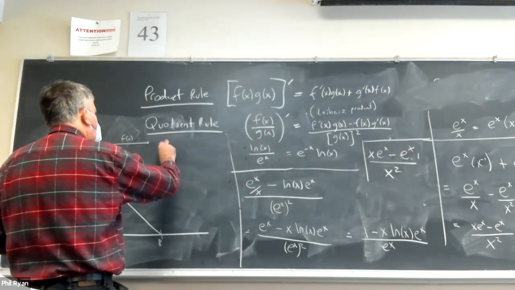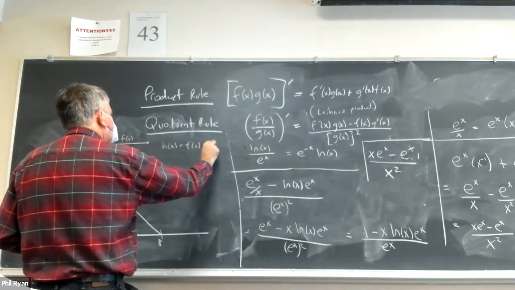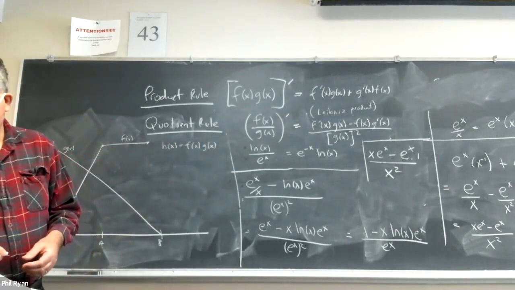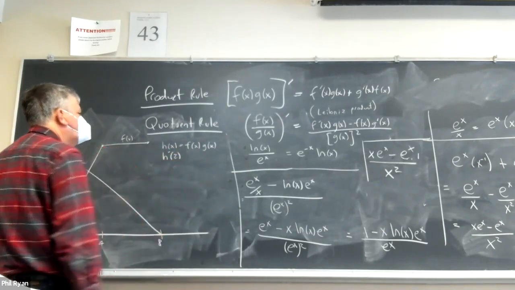And so I'm going to let h of x equal f of x times g of x. So what is the derivative at 2?